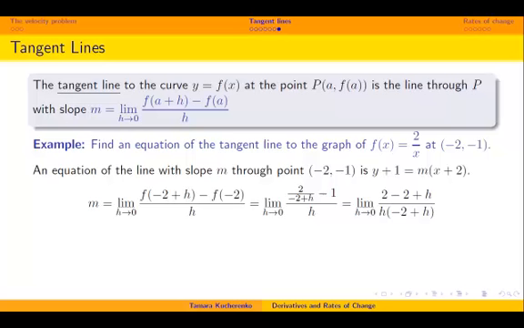2 and -2 annihilate each other, which leaves us with h in the numerator.